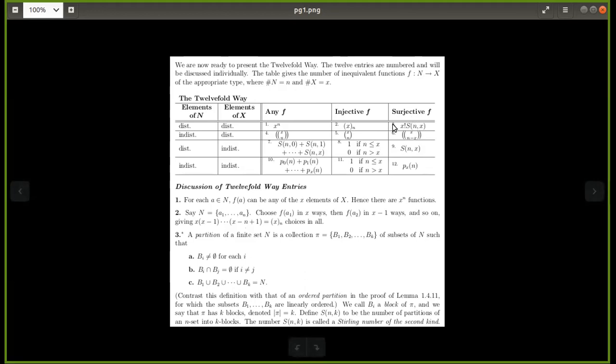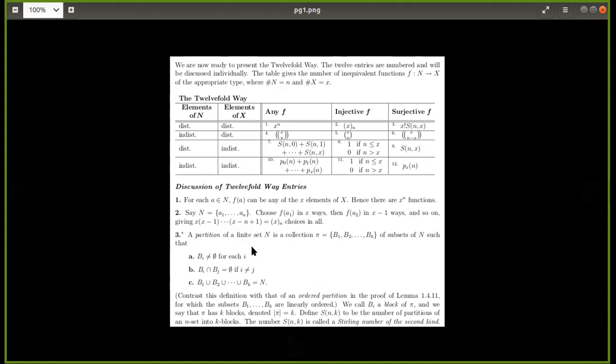Now coming to the third entry, it says you have to count all the surjective functions. Before that, there is some discussion, or actually you should be able to read this quite quickly because we have done Stirling numbers earlier. But let me just go through it very quickly.